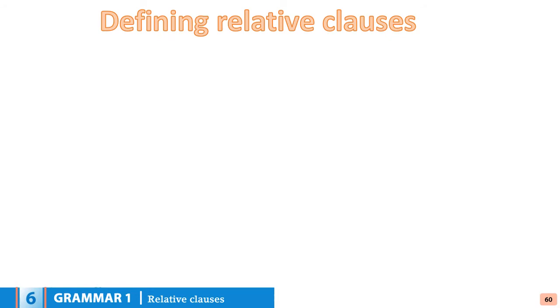Okay, so let's take a look at these rules about defining relative clauses. The girl is super nice. If I just say this, you don't know what girl I'm talking about. Right, so I have to use a defining relative clause.